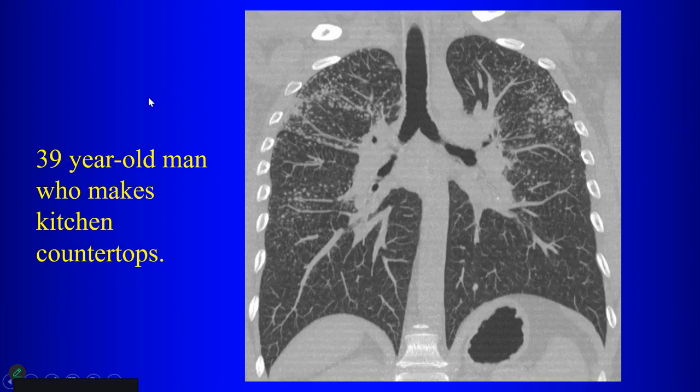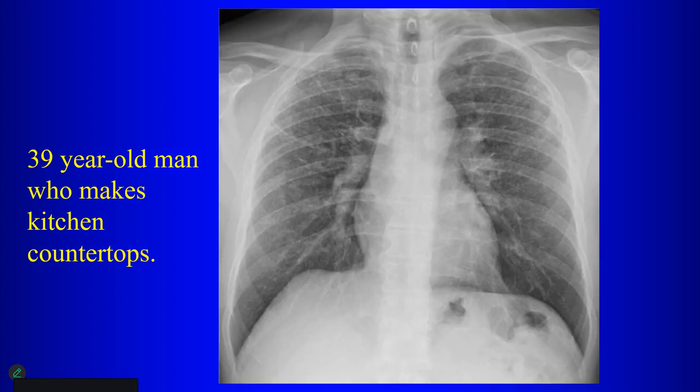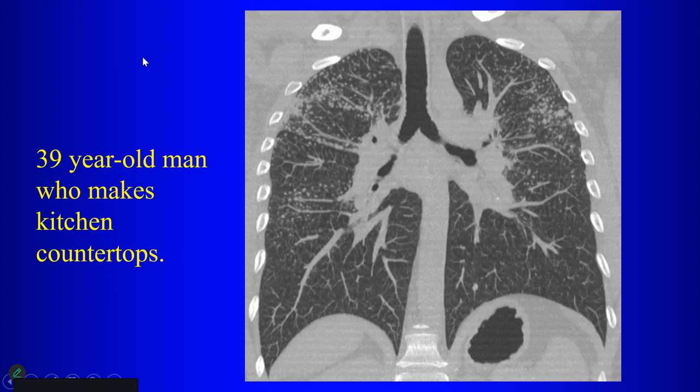And then here's the CT on this case. What is it showing us? There are nodules. Yeah, so here we have predominantly a micronodular pattern in this patient. Again, is this mostly lower lung or upper lung? Upper lung. And when we go back to the chest radiograph, even though there's interstitial disease, maybe some small nodules are also there, although it's a little bit harder to tell on the chest radiograph.